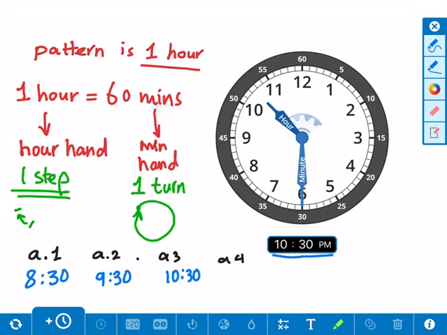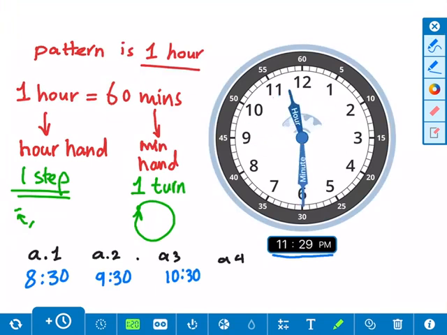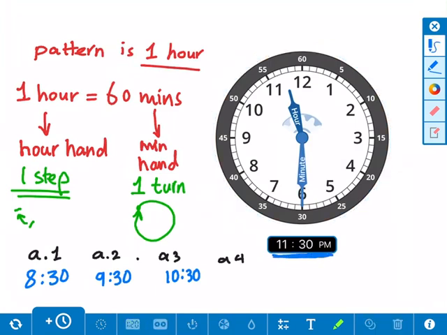What about activity 4? 11:30. You can see from here also, it can help us. So here the pattern is moving 1 hour plus 1 hour plus 1 hour plus 1 hour.